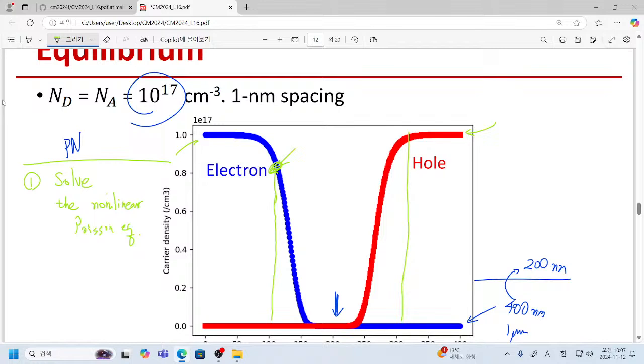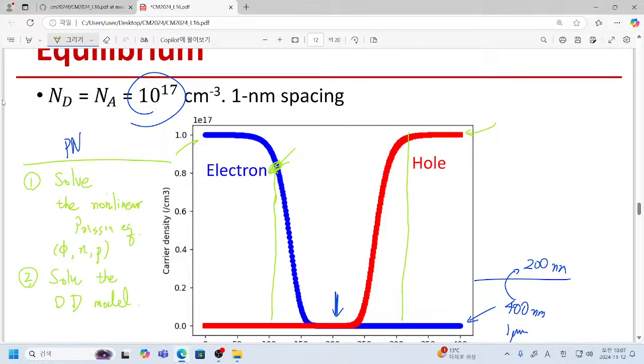So now you have the correct solutions: electrostatic potential, electron density and hole density. After that, try to solve the drift diffusion model.